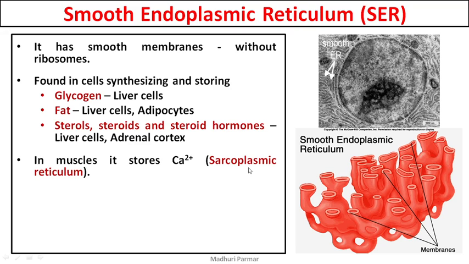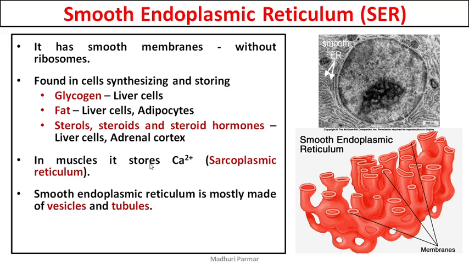Part of this calcium is coming from the smooth endoplasmic reticulum, which has differentiated and is now called sarcoplasmic reticulum. It does the function of storing the calcium inside a cell. The calcium is not moving around in the cytoplasm, it is stored inside this sarcoplasmic reticulum, which is nothing but a modification of smooth endoplasmic reticulum.